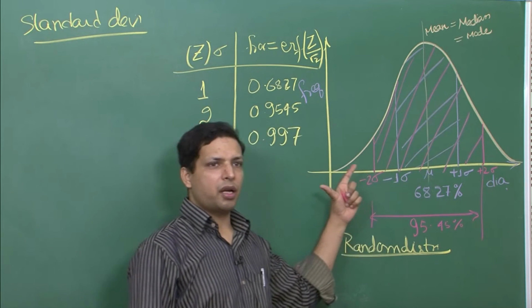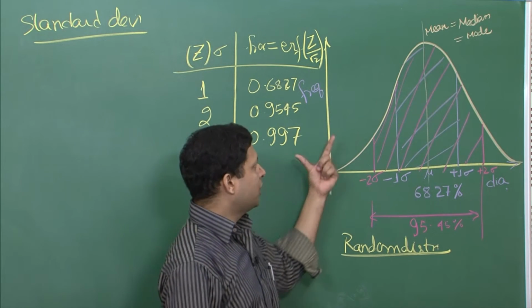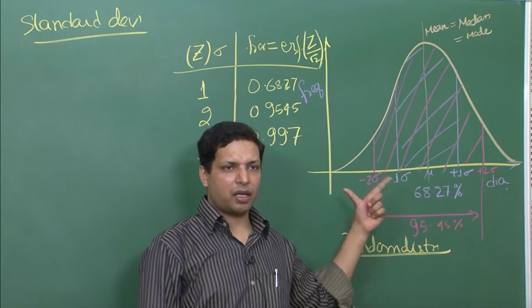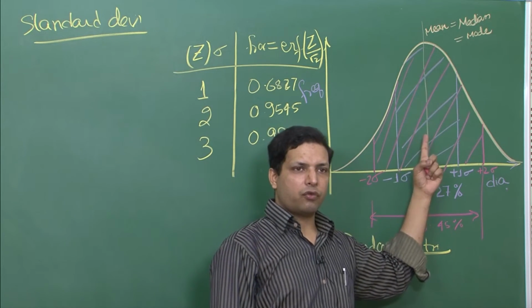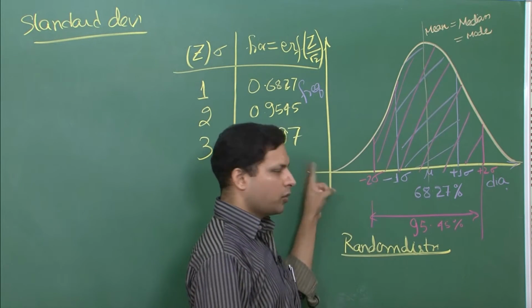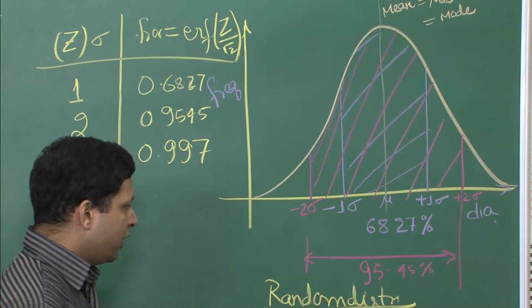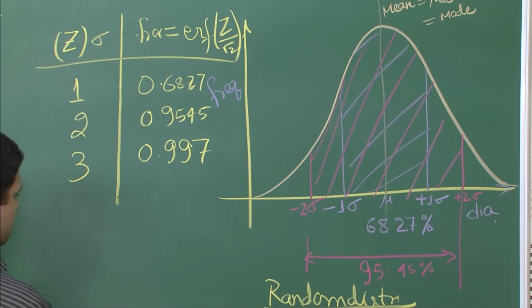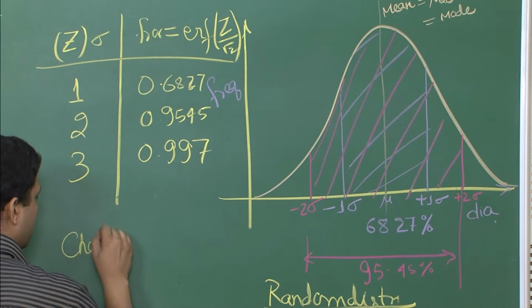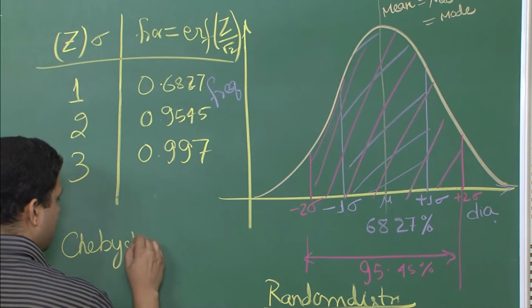There may be other symmetric distributions, there may be other beautiful looking distributions, but that is not what this is meant for. It is only meant for this particular form of the distribution, which is called the normal or the bell curve. If you have any other distribution and even a random distribution, there is another way to define the fraction of data that will lie within that, and that is called Chebyshev's inequality.